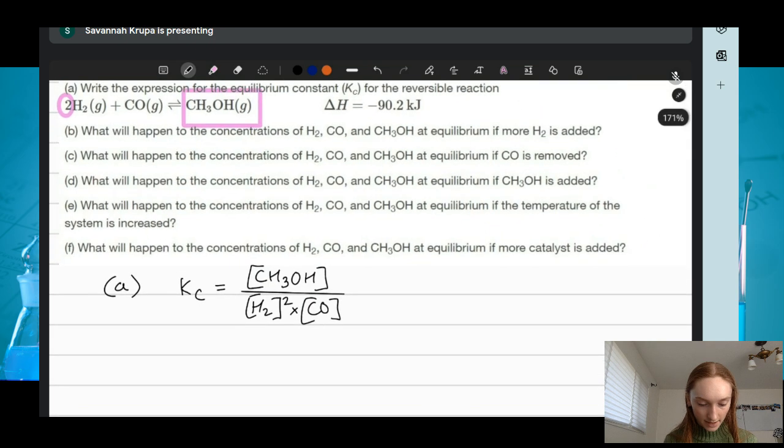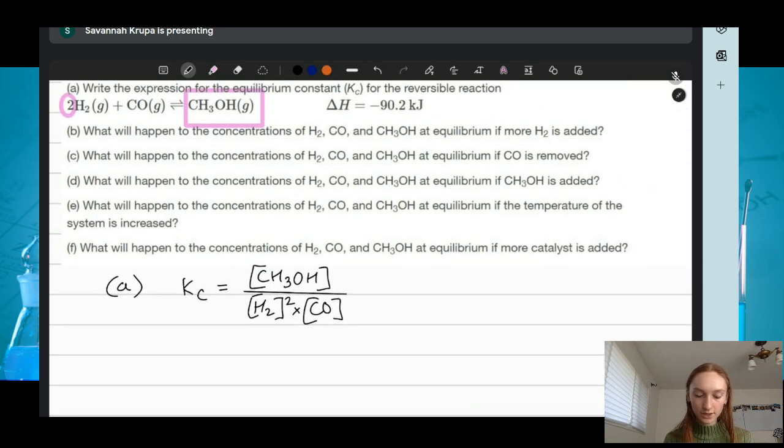Okay, so it's asking what will happen to the concentrations of H2, CO, and CH3OH at equilibrium if more H2 is added. So before we actually answer these problems, there is a standard concept that's happening.